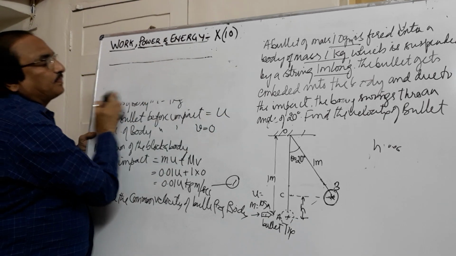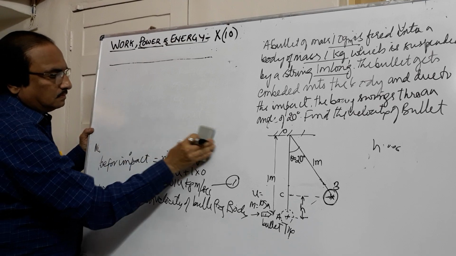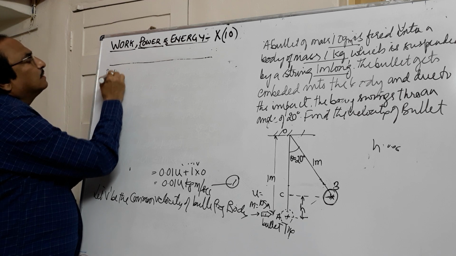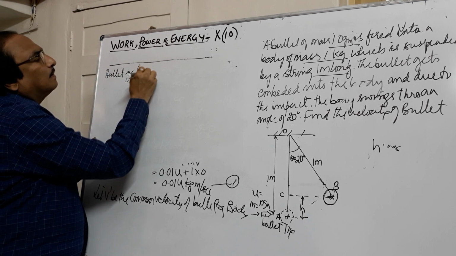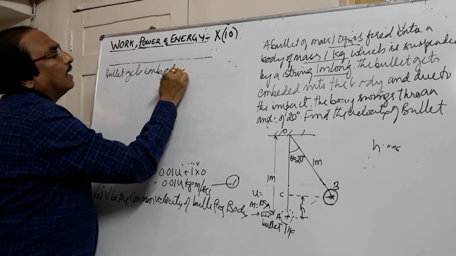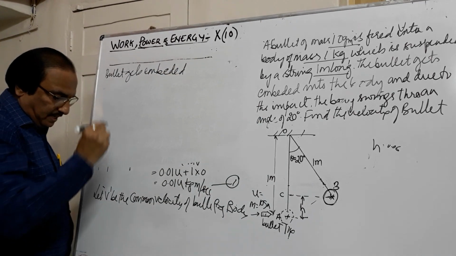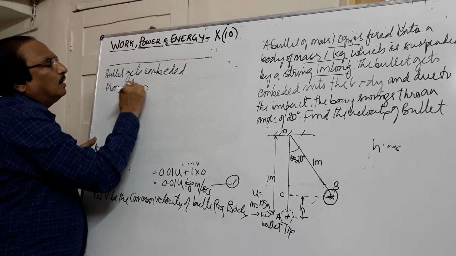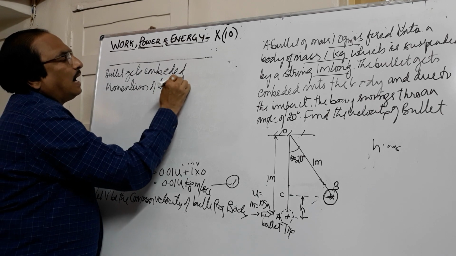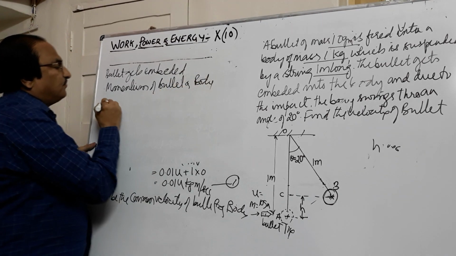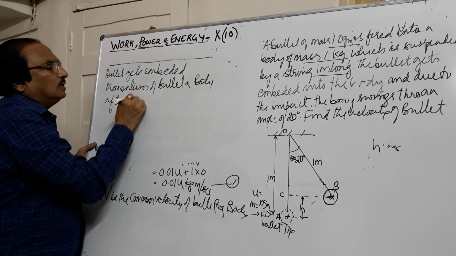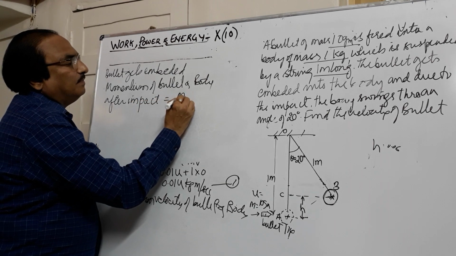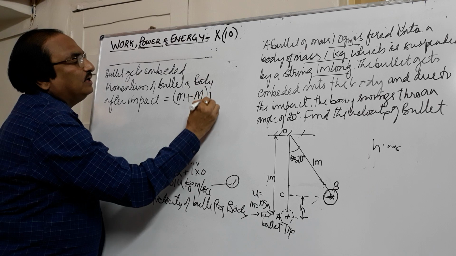So the momentum of the bullet and body after impact, we know, is m plus M into V, the common velocity.